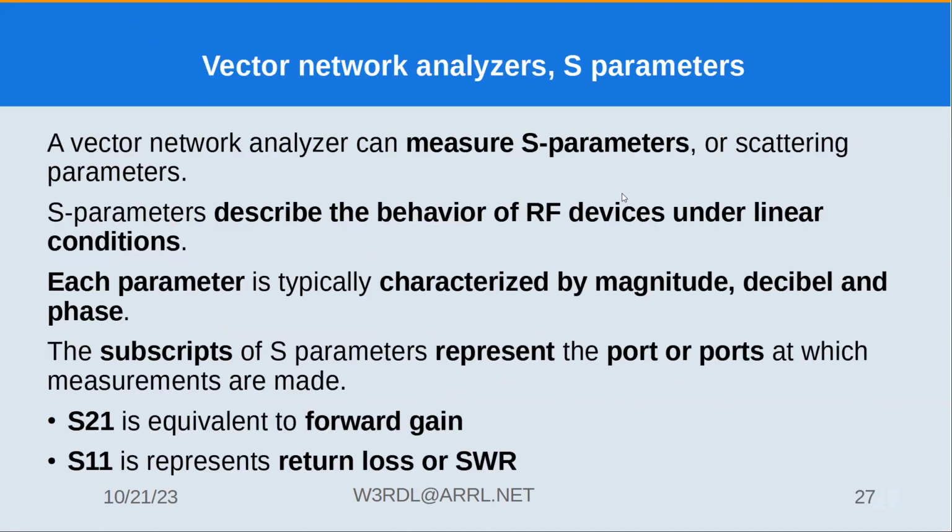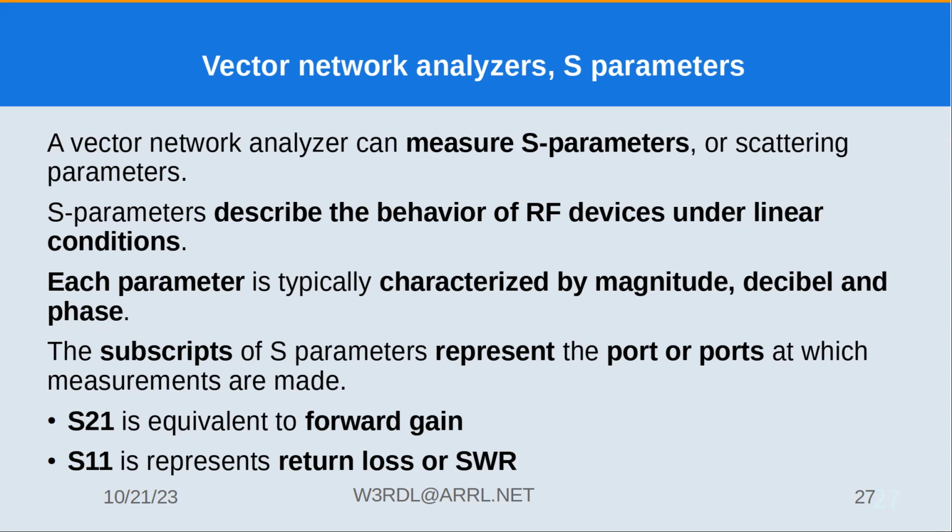Okay, now the network analyzer measures S parameters. They're called scattering parameters. In the case of a 2-port, it's a 2x2 matrix. So you can reference port 1 and port 2 to input and output.